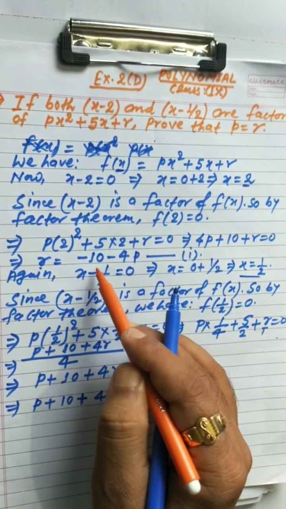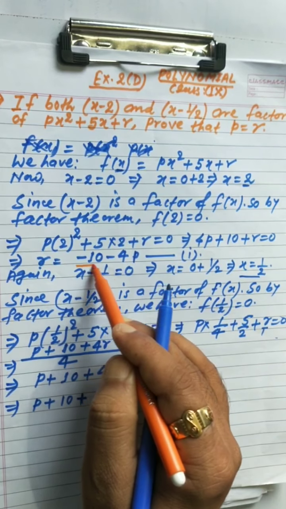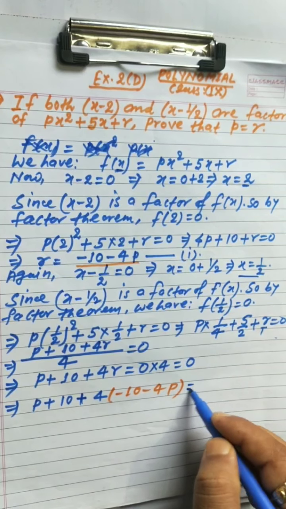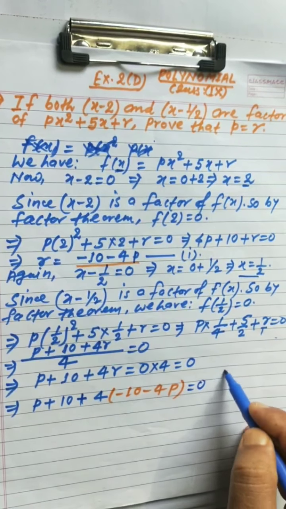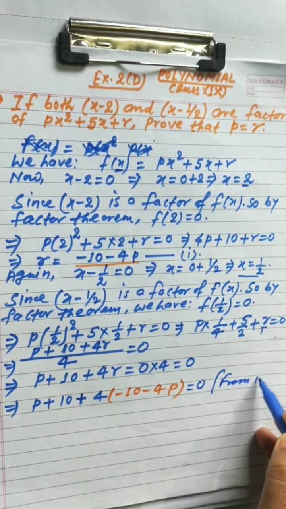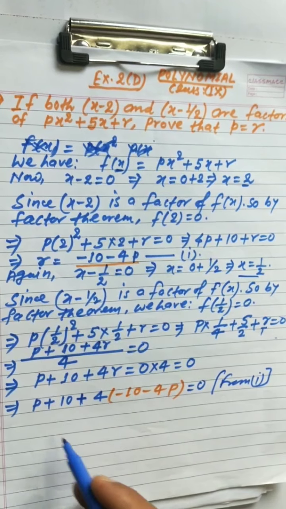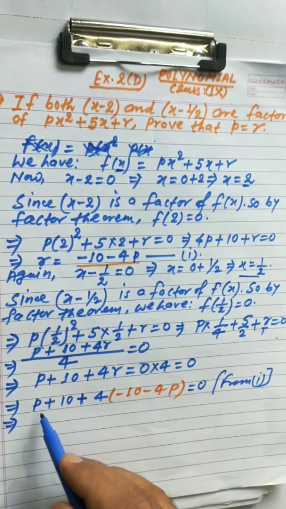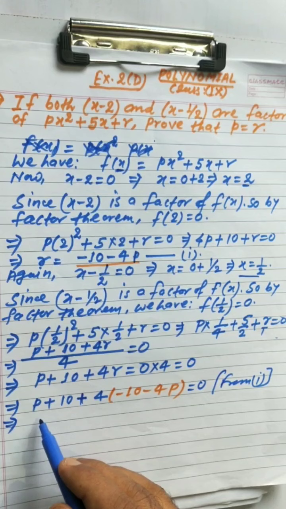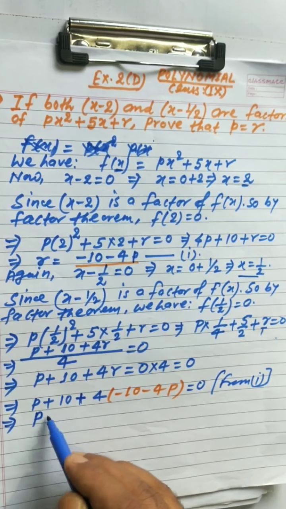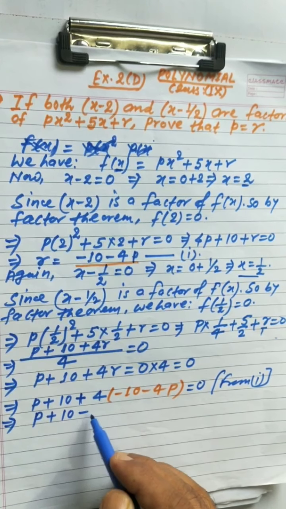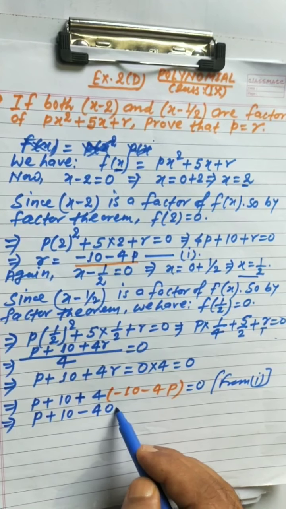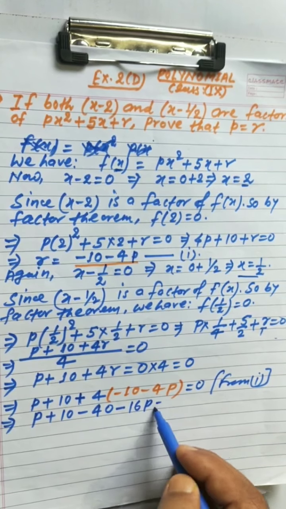From equation first we have put the value of r from equation first. Now let us simplify it. p plus 10 plus minus 40 and plus minus 16p is equal to 0.